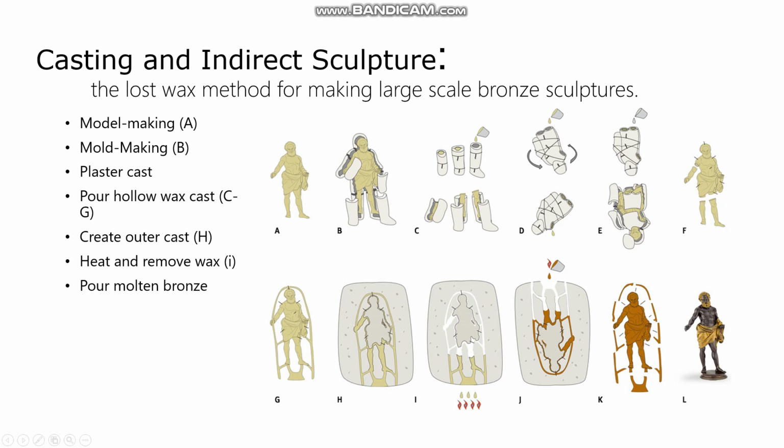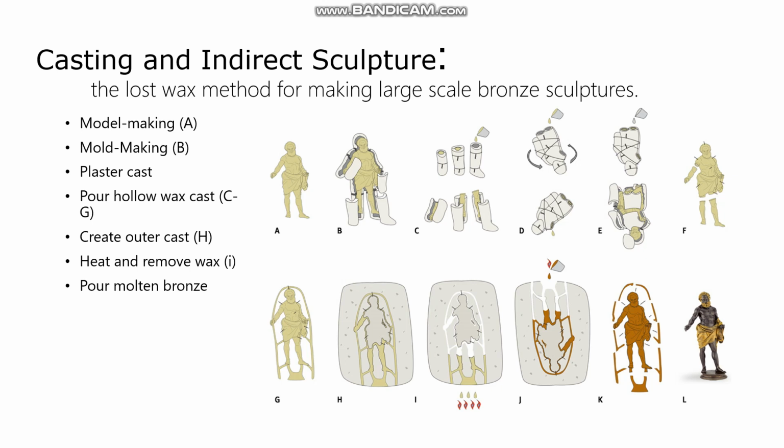And one way that this is done is where between the stage of the model and then the cast, the artist then covers the entire model with a layer of wax, and then the mold is pressed directly into the wax.